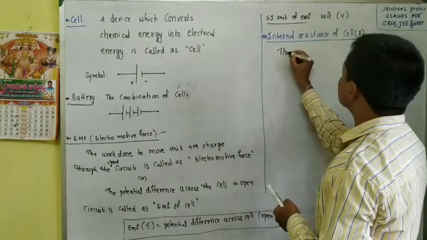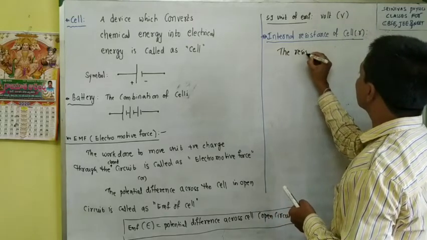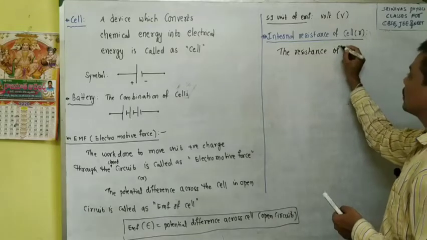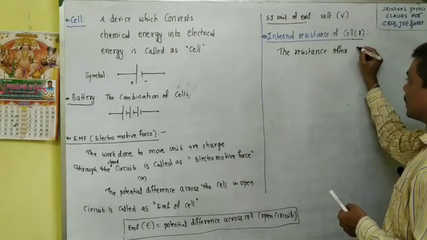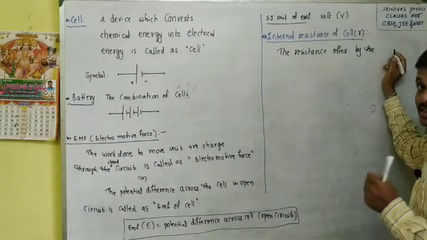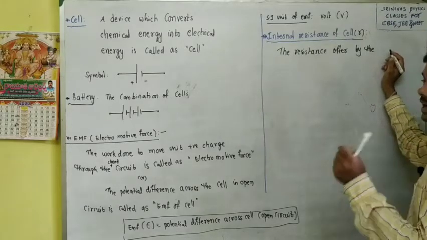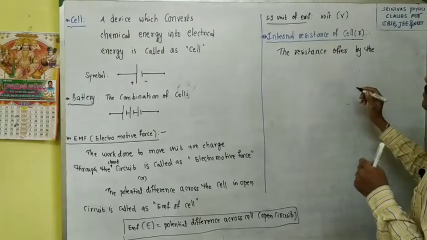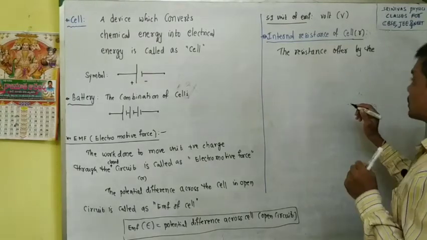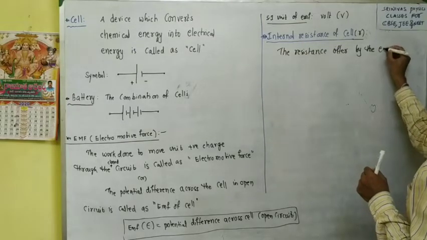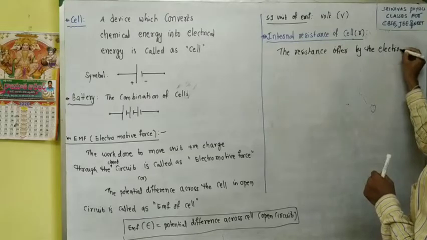The resistance offered by the electrolyte. In the construction of the cell, as you know from lower classes, the cell has two electrodes along with some electrolyte. Electrolyte means some solution.